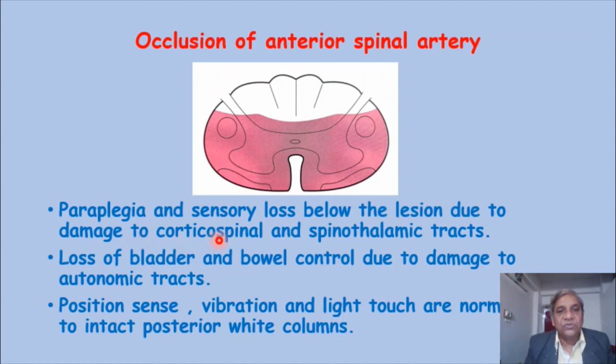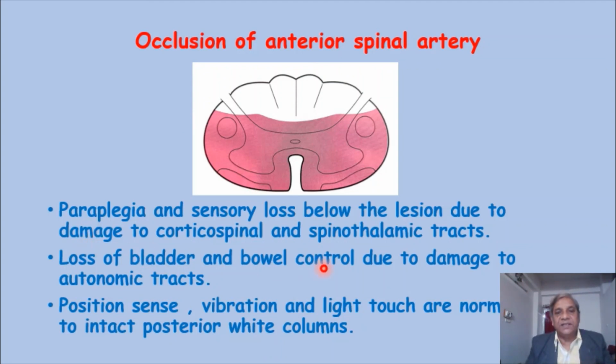This is due to damage to the corticospinal and spinothalamic tracts. The spinothalamic tracts carry the sensation upward on both sides. So both spinothalamic tracts are gone, which carry the sensation of pain and temperature, and the corticospinal tracts, the lateral corticospinal and anterior, are also gone. So the motor activity is also gone.